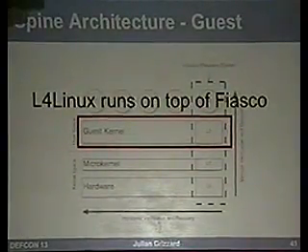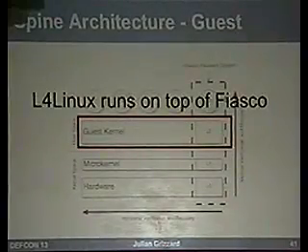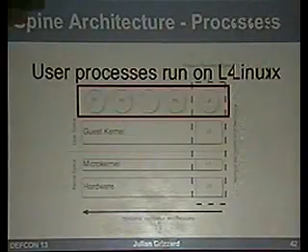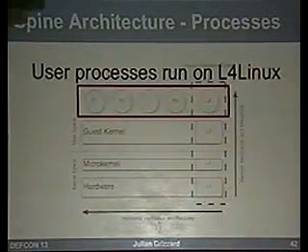You're probably more familiar with the term virtual machine than you are microkernel. Turns out these are very highly related topics. Essentially, the microkernel does the same thing for us. And so we have this guest kernel, L4 Linux, running on top of it. At the next level, you've got your user processes, and those run just like they do on Linux.